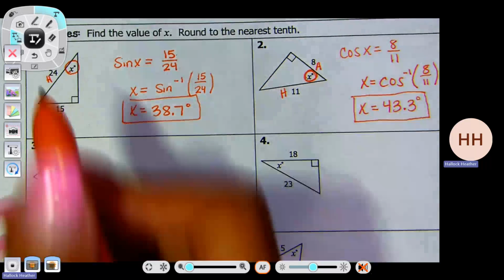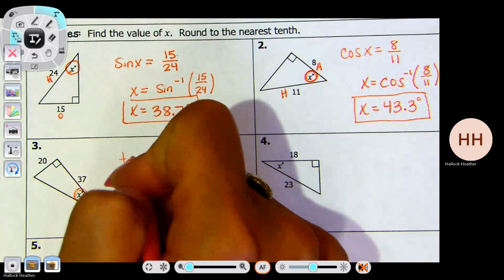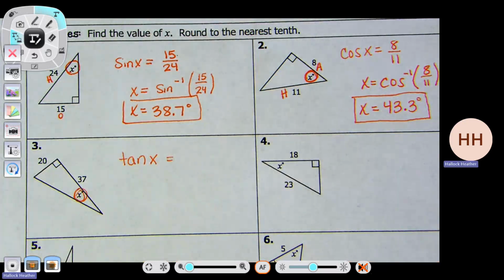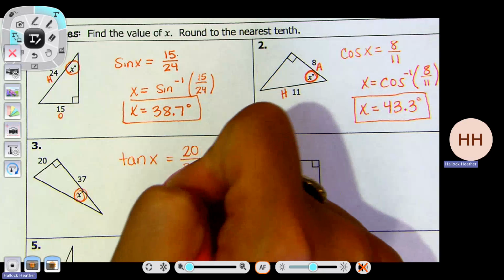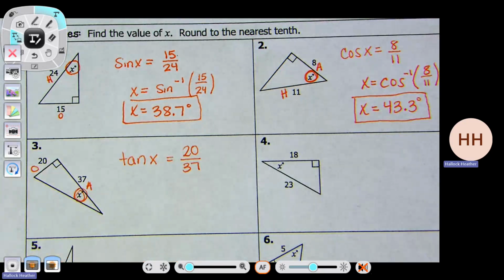So if you're the x, do I have sine, cosine, tangent? Tangent. And then what's my fraction? 20 over 37 because it's opposite over adjacent. And then we've got to get x by itself.